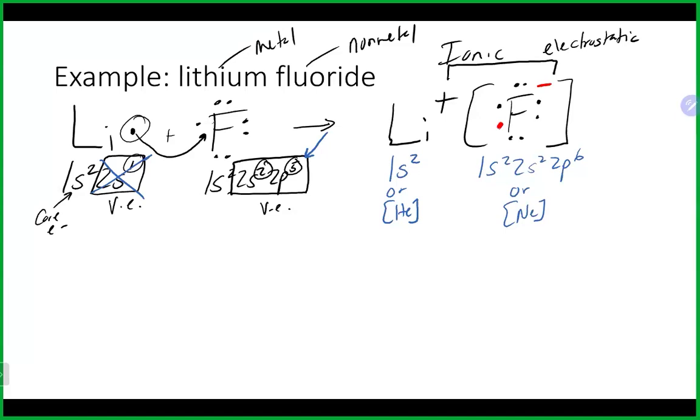Once again, does lithium become helium in this case? It does not, because protons did not change, right? The only way it could do that is to change protons. And fluorine does not become neon because it didn't change protons. But what it did is it ends up with the same electron configuration as the noble gases, and that creates a super stable bond.